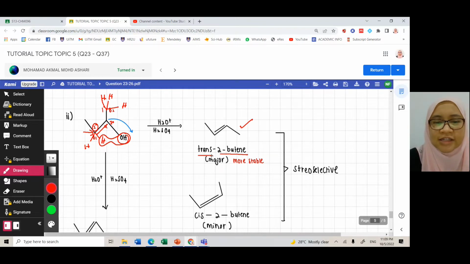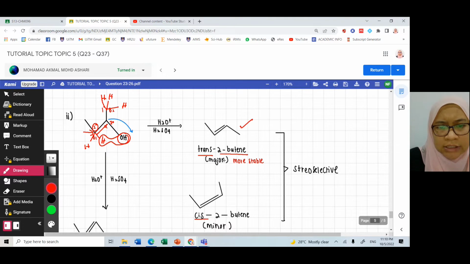So it has trans and also cis. But between these two, there is a preference. It will prefer the trans.